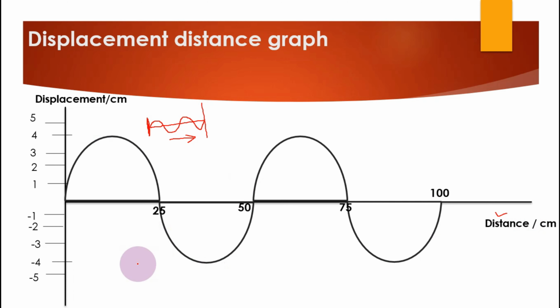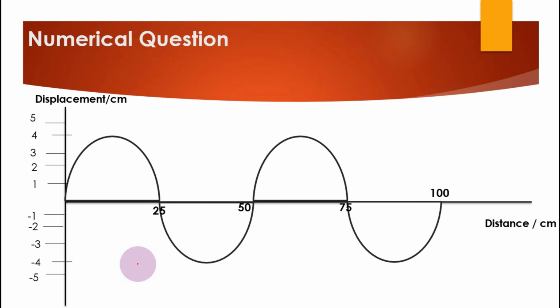Now numerical questions on the basis of such a graph. Suppose that you are asked, this is a graph given, and what is the wavelength of the wave? So what do you do? On the x-axis distance is given, and if distance is given we can find out wavelength, because wavelength is nothing but the distance between 2 points in phase.